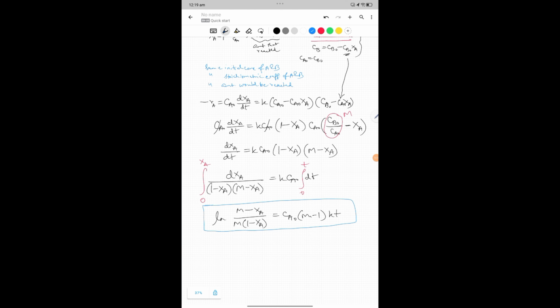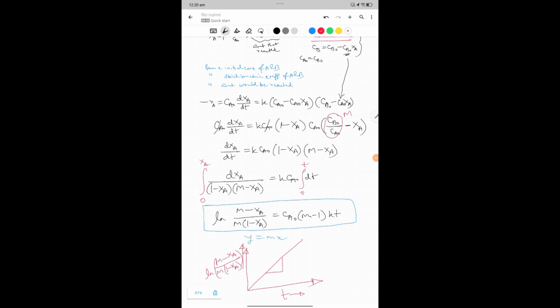So see here, this is of the form y equal to mx. If we draw this, what will we get? ln((m minus XA) by m(1 minus XA)) will be on the y-axis and time will be on the x-axis. It will be a straight line passing through the origin.